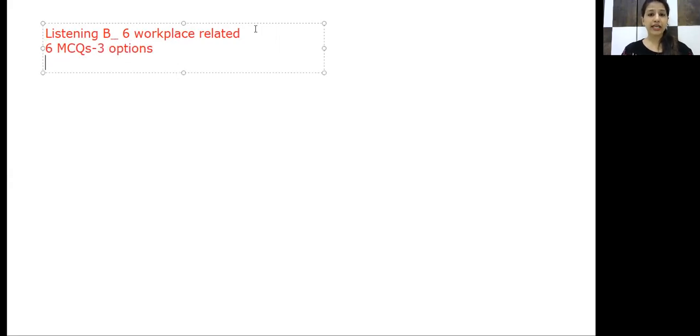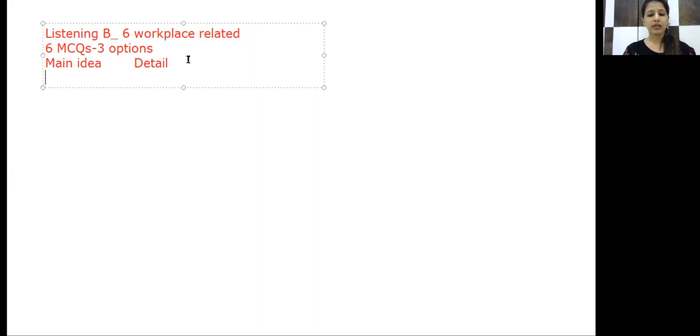What are the question types that you can come across when you are doing listening part B questions? There are 2 main categories. You can have main idea questions, or you can have detailed questions. Now, in main idea questions, there are some subcategories.